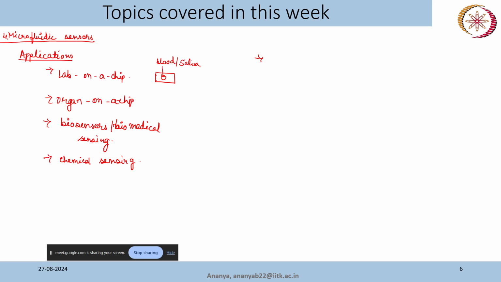So those are typically used substrates in case of microfluidic sensors. PDMS is flexible, so that is one advantage of this.